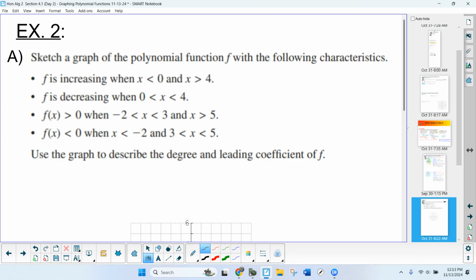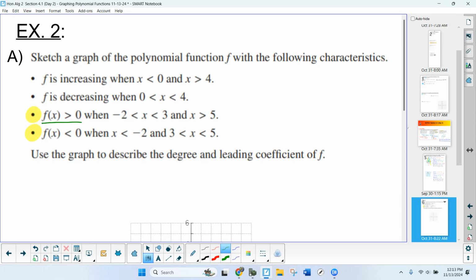Here's where you start. You're going to take your highlighter and you're going to start with these two. Okay? And the first thing you're going to say is, okay, first of all, what does it mean when it says the f of x is greater than 0? That means the function is what? What's a number greater than 0? A positive.